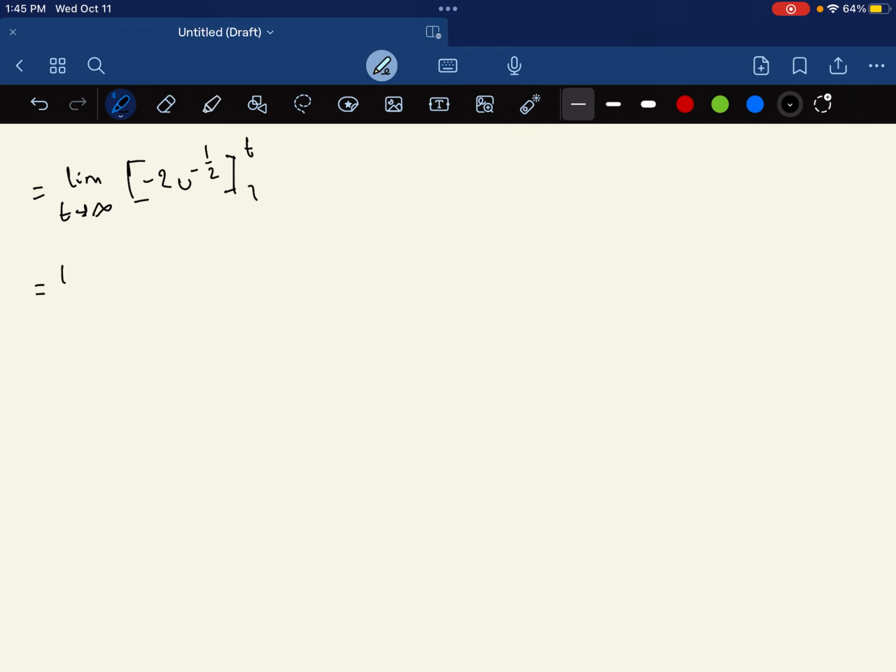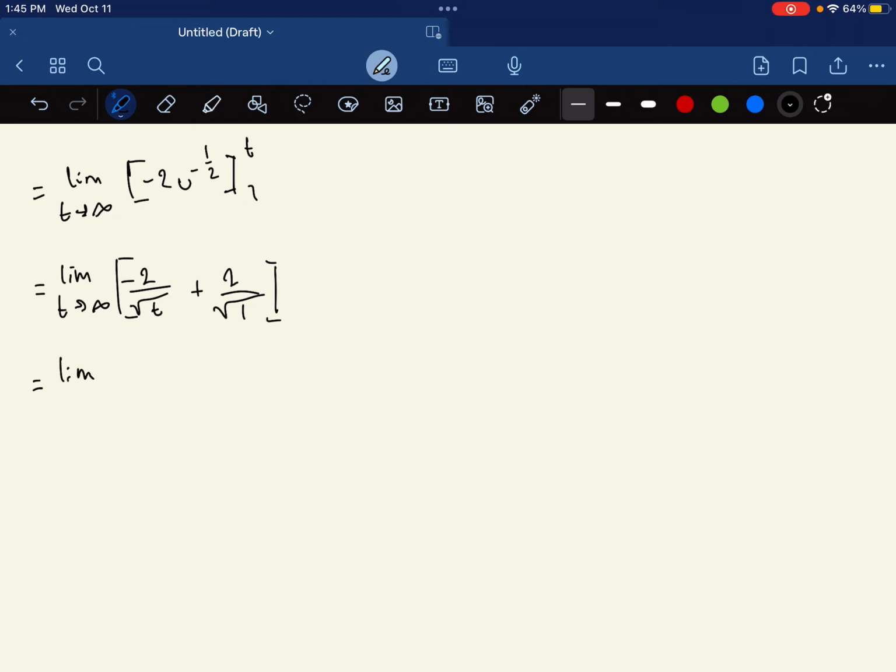And then we got a limit as t approaches infinity of negative 2 over the square root of t, minus, or plus 2, because the negatives cancel out, 2 over the square root of 1.